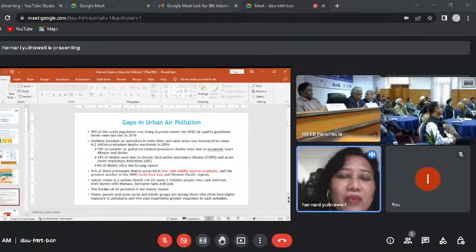What I mean by the gaps in urban air pollution is that 99% of the world population was living in places where WHO air quality guideline levels were not met in 2019. That is against the previous WHO guidelines of 2005.